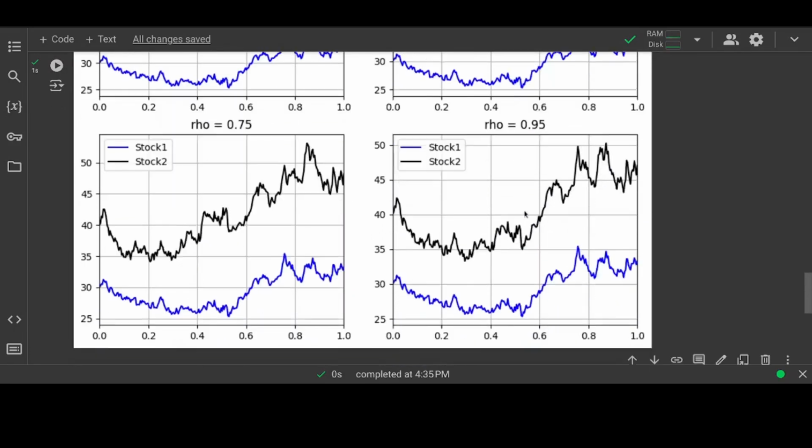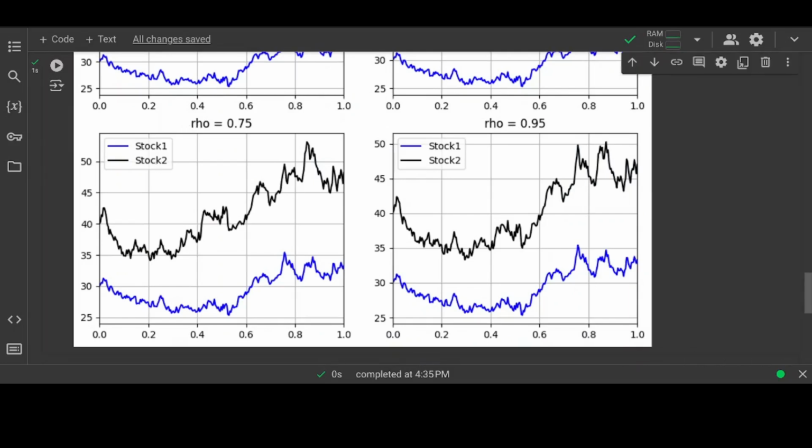So the two prices move in the same direction, and this can be significantly observed in the fourth plot. That means stock 1 and stock 2 exactly follow the same direction. When stock 1 increases, stock 2 also increases. When stock 2 decreases, sorry, stock 1 also decreases. So this is what we have from the simulation.